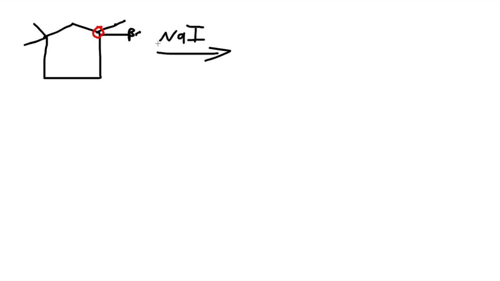Tertiary is the most stable, so we don't need to do any carbocation rearrangement. All we do is substitute the iodide for the bromine, and we would have this as the product without even doing the mechanism. It is the same thing as SN2. Okay, this is for tertiary.